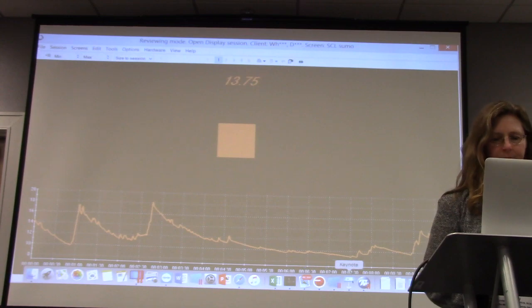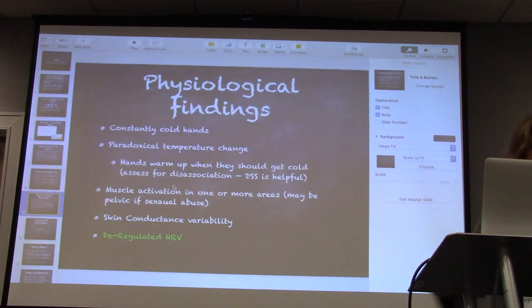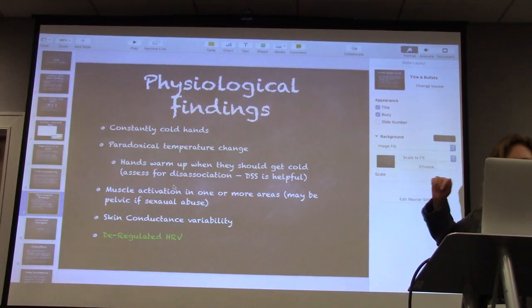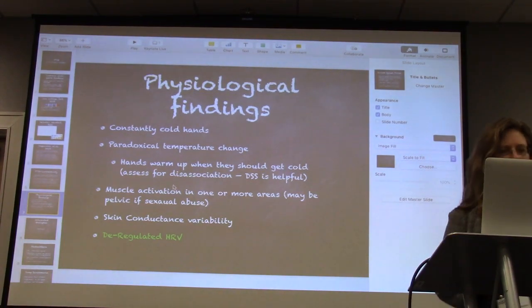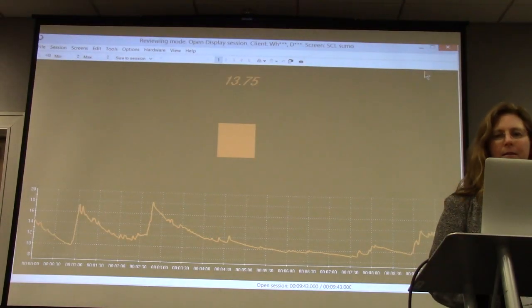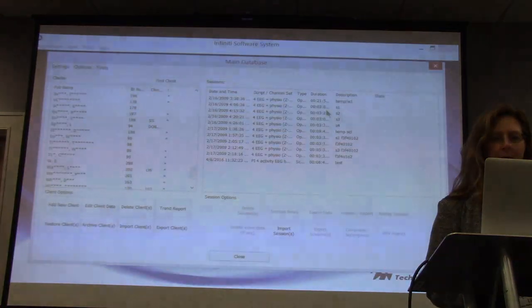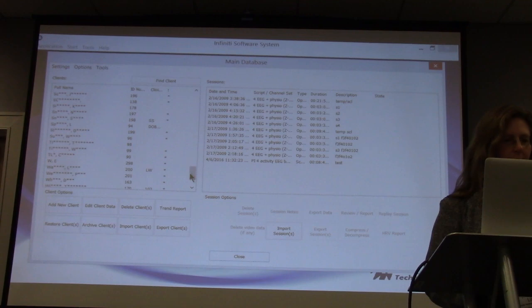All right, so paradoxical temperature change we talked about, skin conductance we talked about, and deregulated heart rate variability. I'm going to show you a quick composite of that, and then Santiago's going to talk about heart rate variability. Let's go to this stress test.